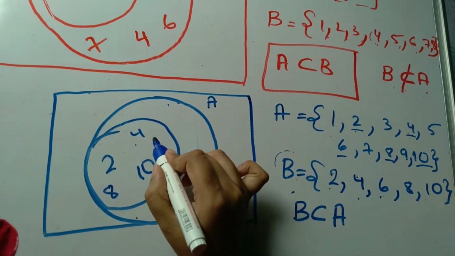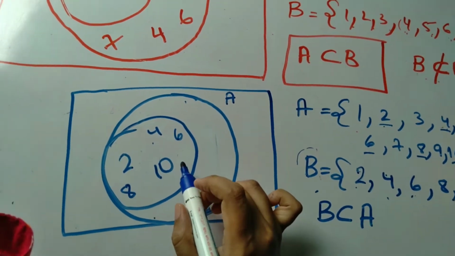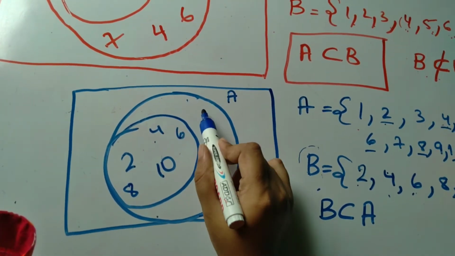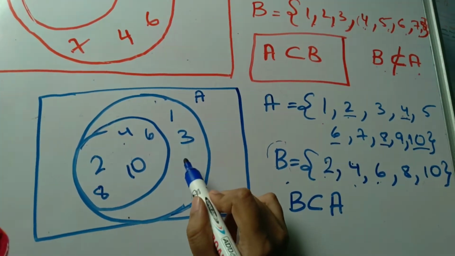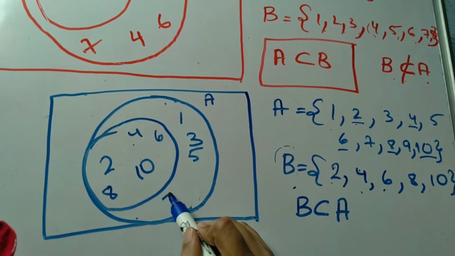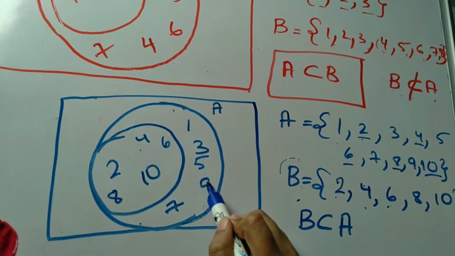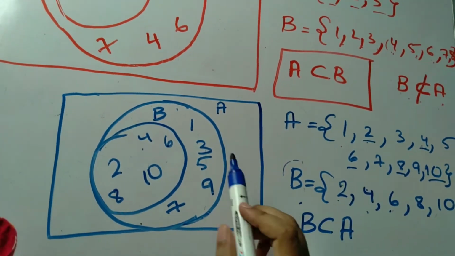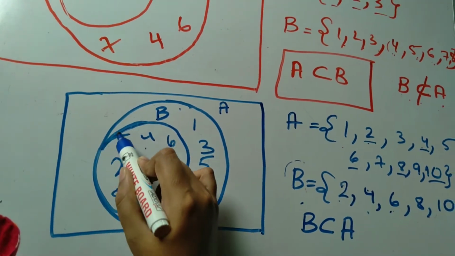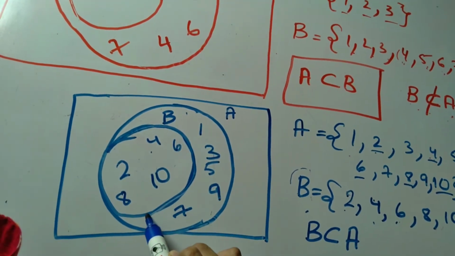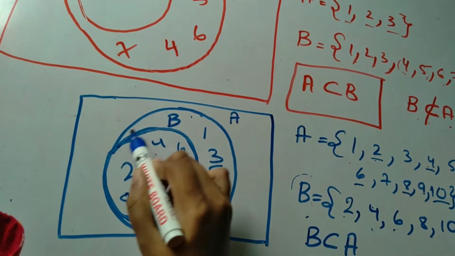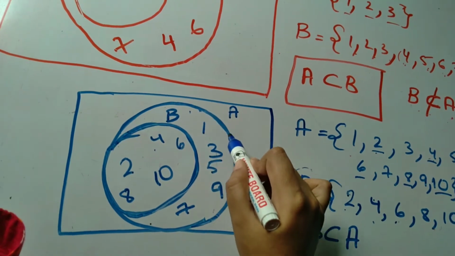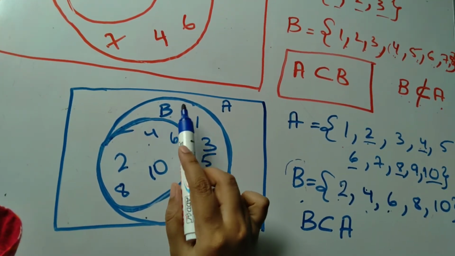The leftover elements are 1, 3, 5, 7, 9. This is the set B. All the elements of B are in A, so we say B is a subset of A.